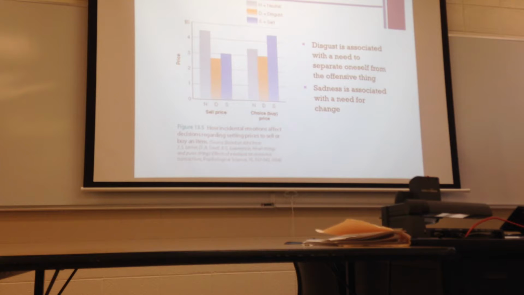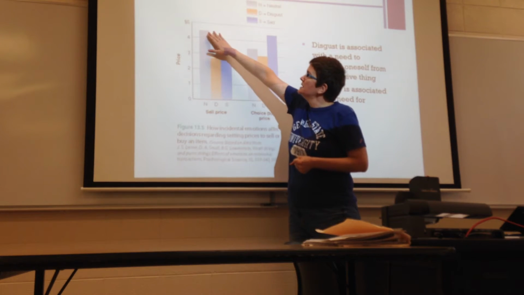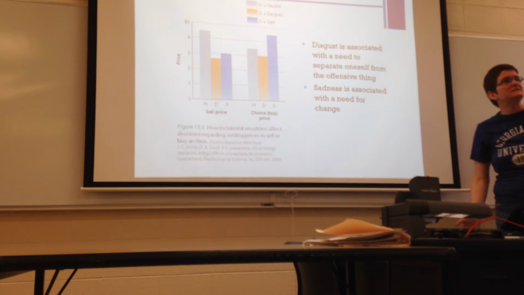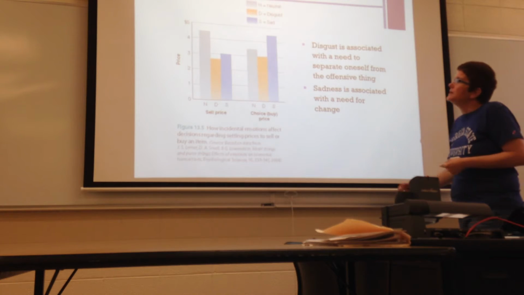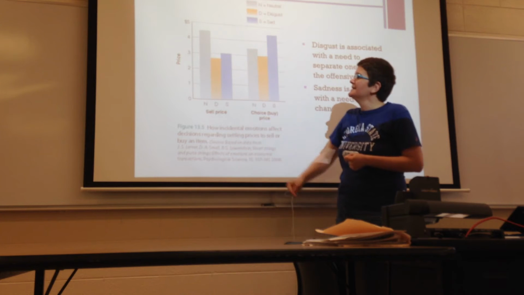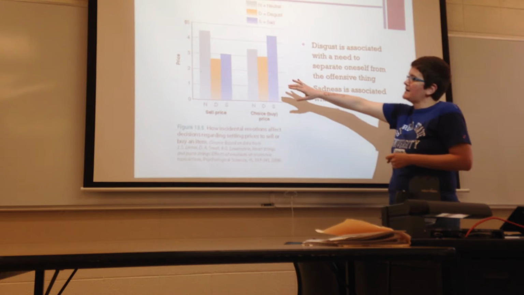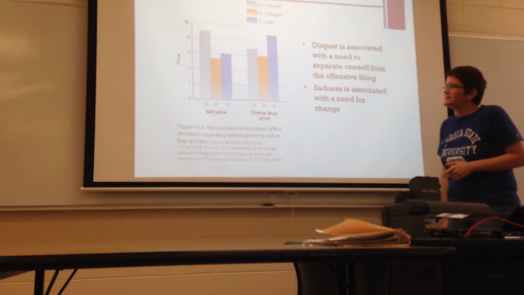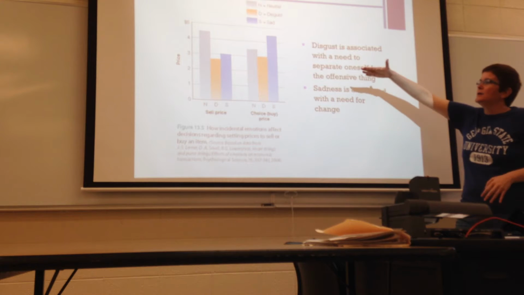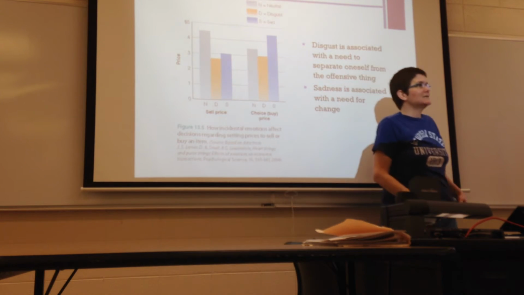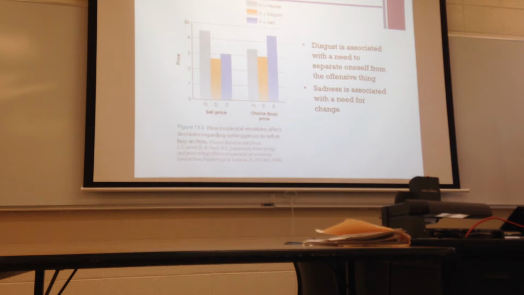And people who were in a neutral state set a price of about $4.50 for the object. People who were in a state of disgust set it at about $2.75. And people who were sad set it at about $3. So what's interesting here is how low the price is for disgust, because it seems that when you are in kind of an offended, disgusted state, you want to separate yourself from whatever it is that disgusts you or offends you.